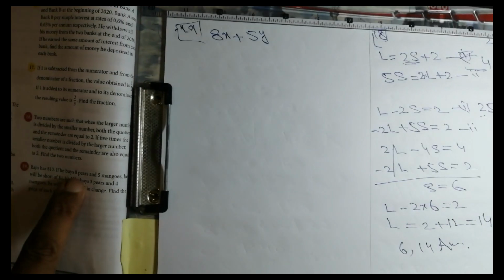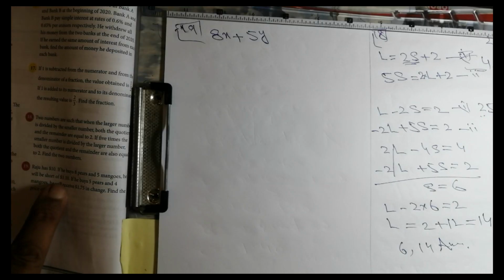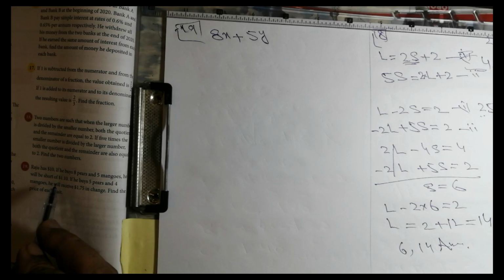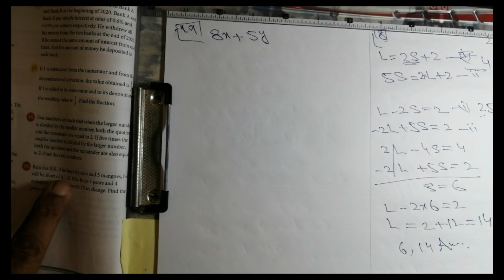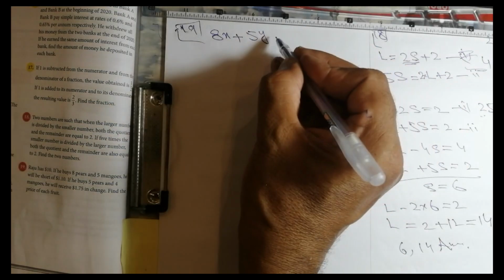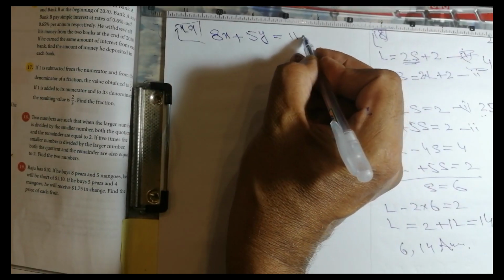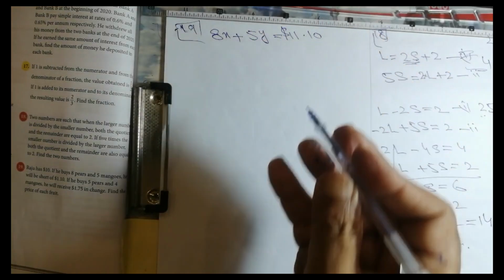So if he buys 8 pears and 5 mangoes, he will be short, so it means the price is actually $11.10, because he has a shortage of $1.10. So the actual price is not 10 but $11.10. So this is equation number 1.